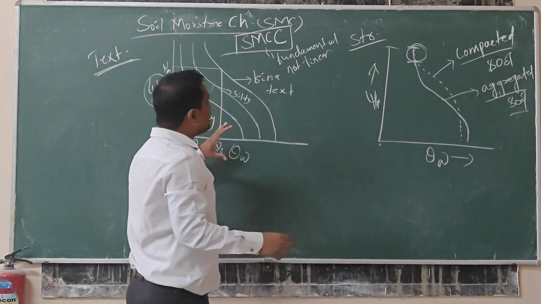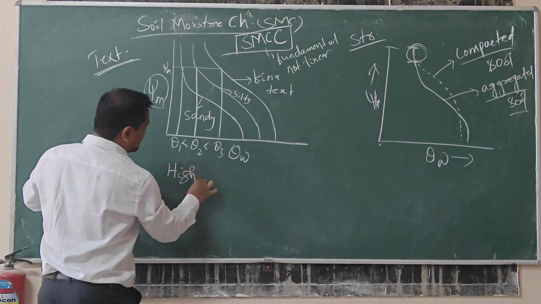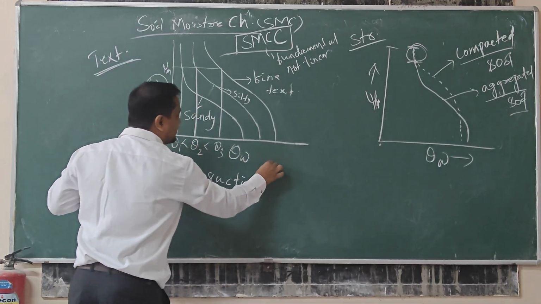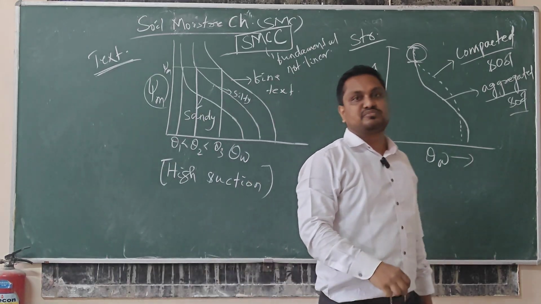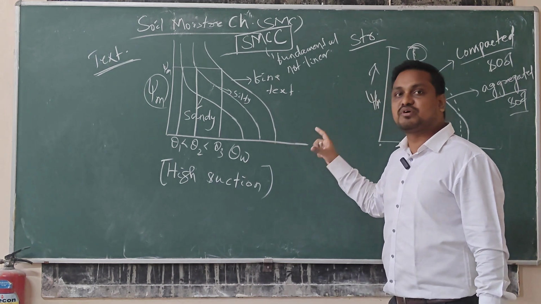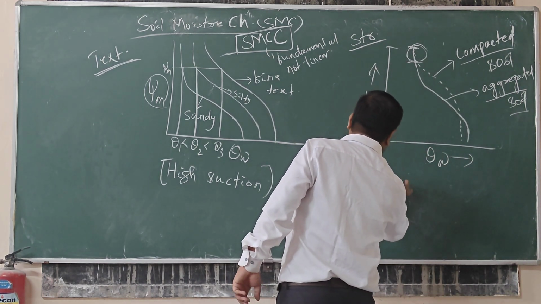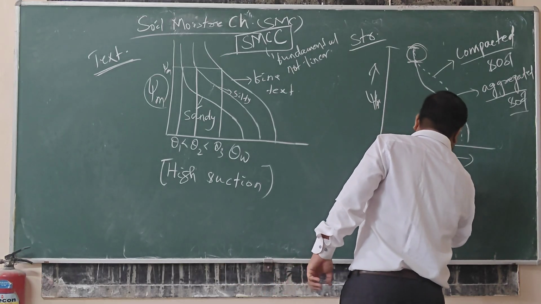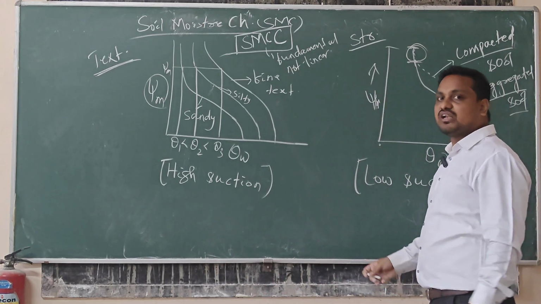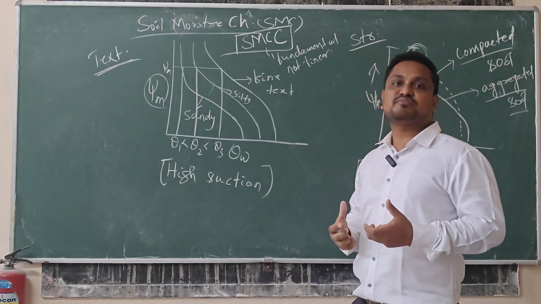And here we can also observe the high suction range values. If the high suction value is like your permanent wilting point or hygroscopic coefficient, then the texture of the soil is most often prominent. And if there is low suction, your prominent factor will be soil structure, because soil structure is mainly the arrangement of different pore sizes.